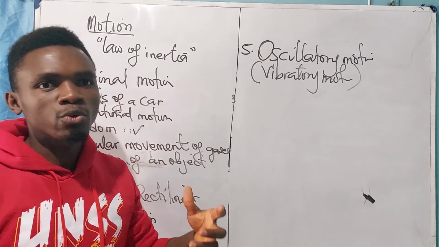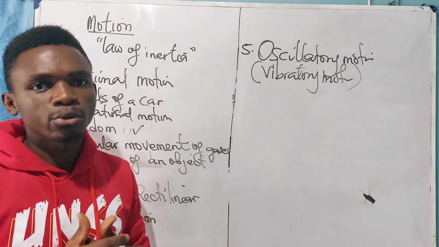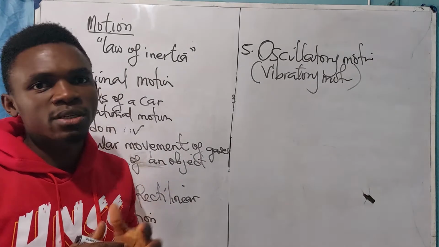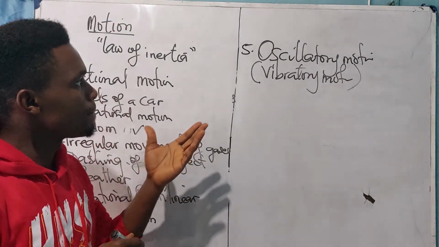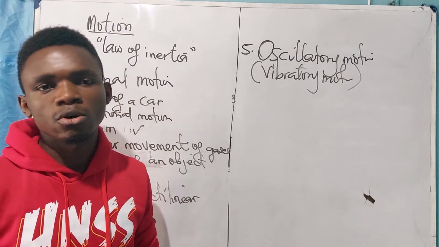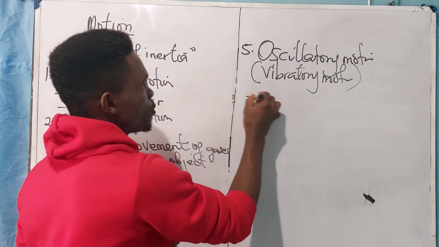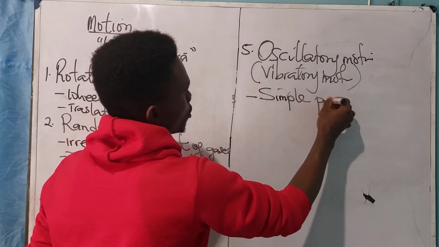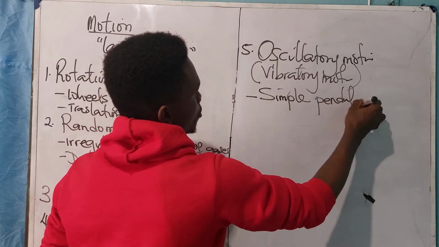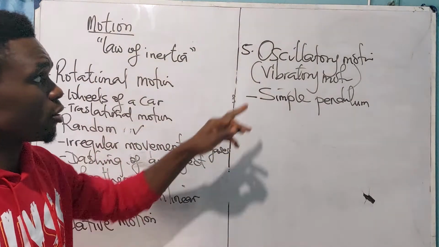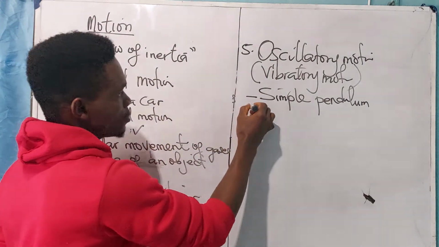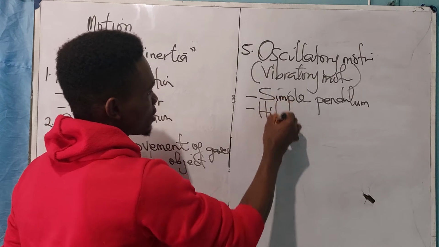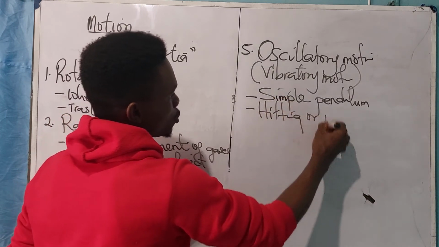It is a to and fro type of motion that a body possesses. What are some examples of objects that possess oscillatory motion? One, simple pendulum. Everybody knows that. A simple pendulum possesses oscillatory motion.